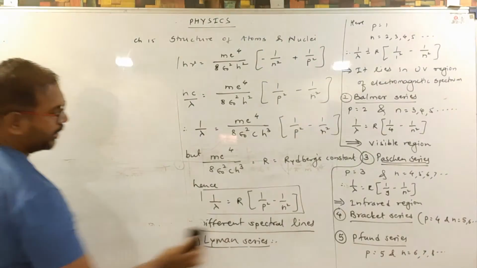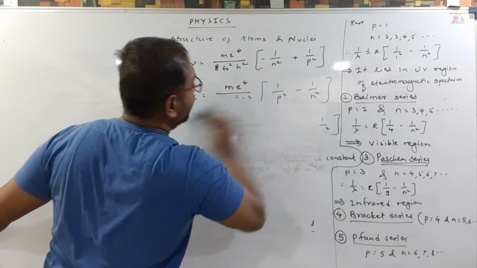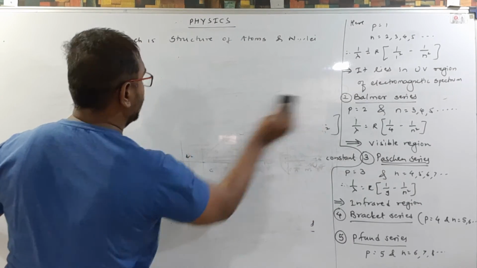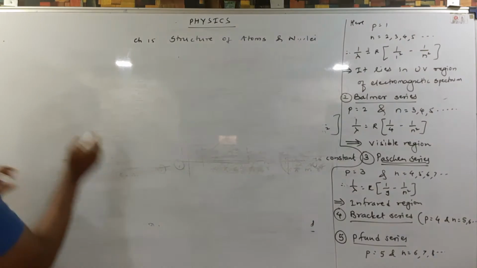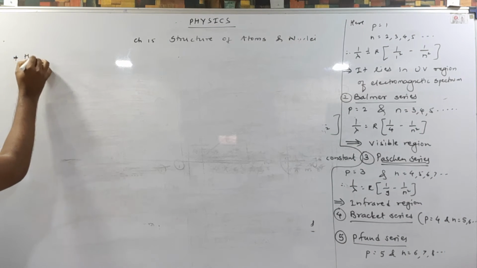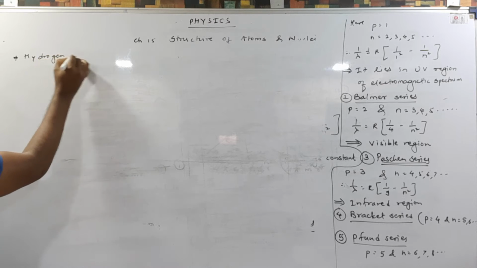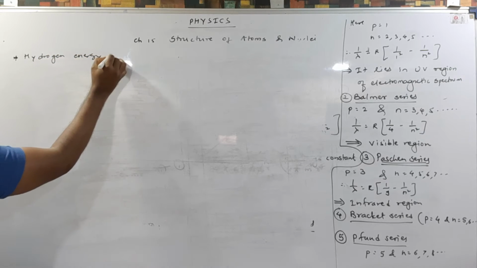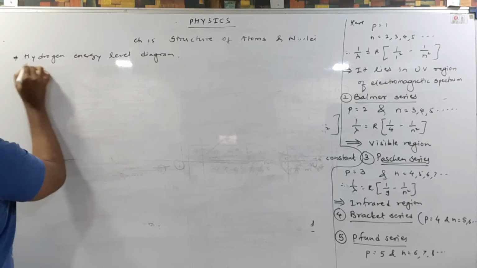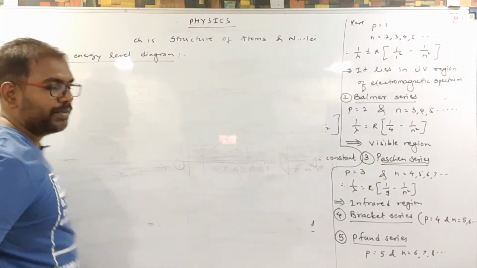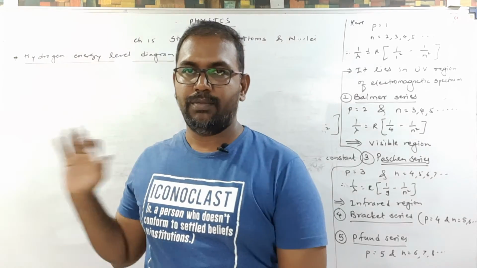Next is the hydrogen energy level diagram, or we can write energy spectrum for hydrogen atom.